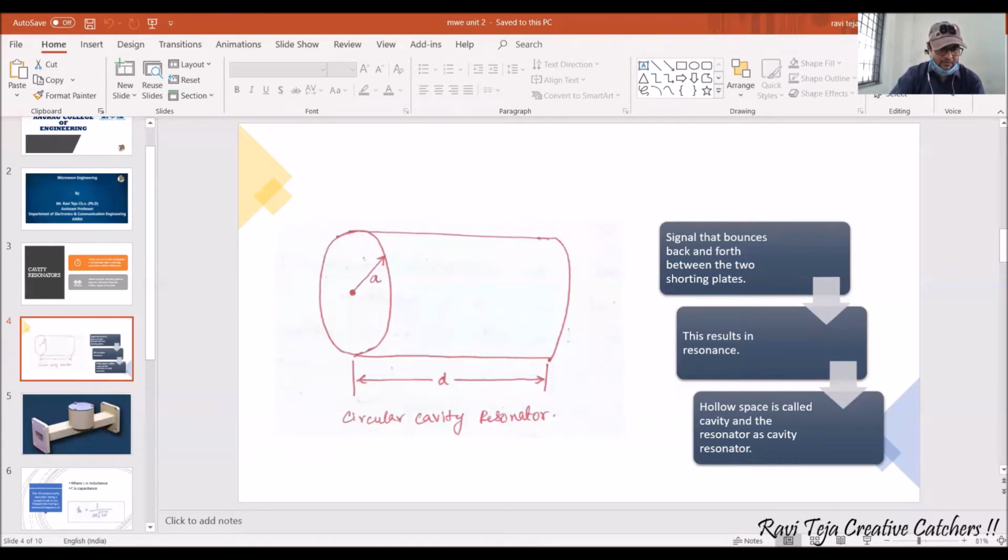If the input end is also closed, it hits the input plate and goes back again. This is how the to and fro results in resonance, and that resonance leads to high energy or high frequency.